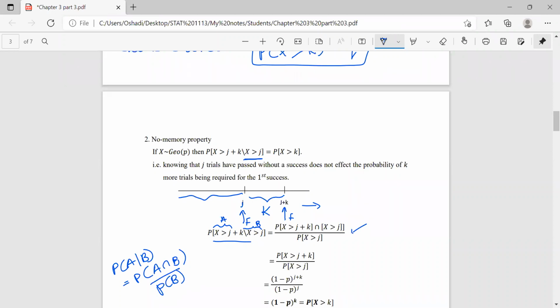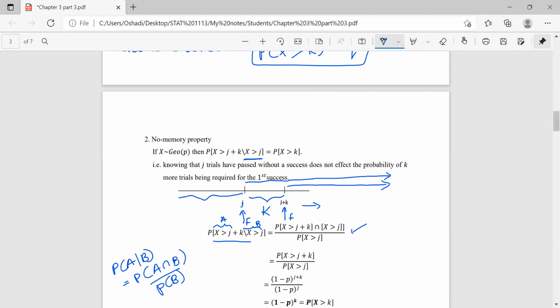Then the probability X greater than J plus K and X greater than J. That is the intersection. X greater than J plus K means from J plus K to infinity, and X greater than J means from this point onwards, right?